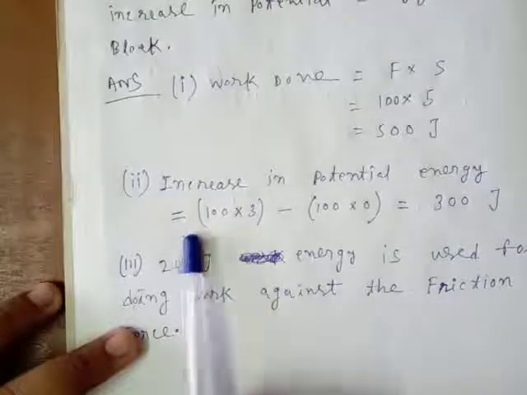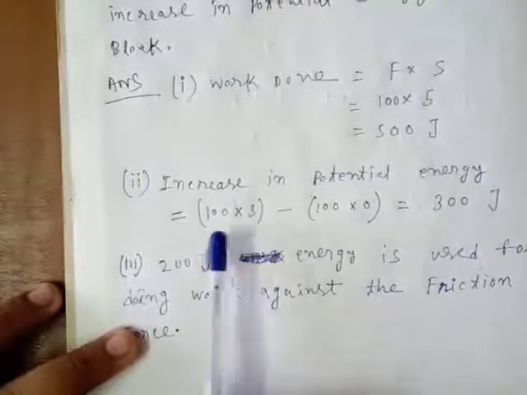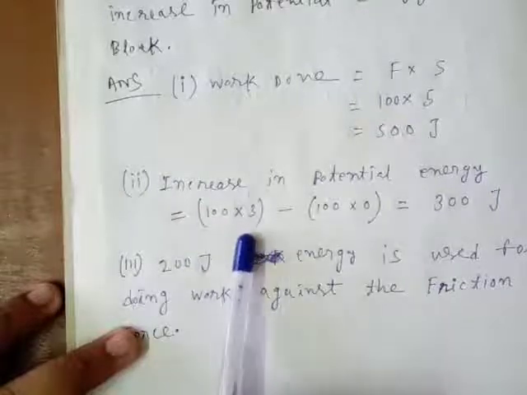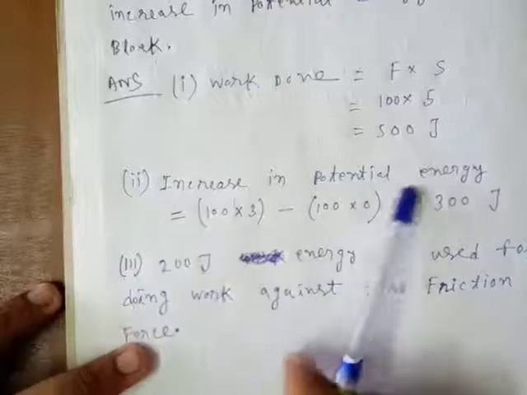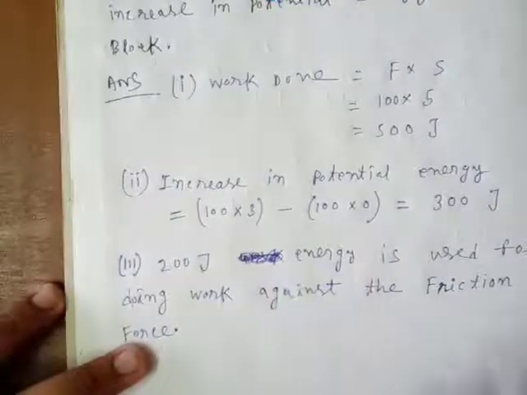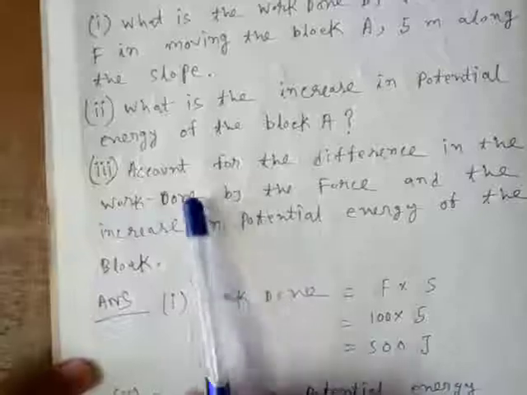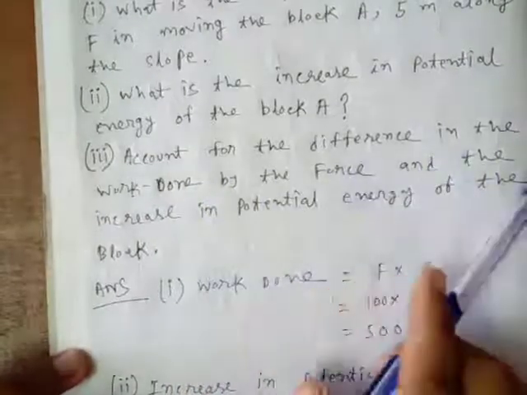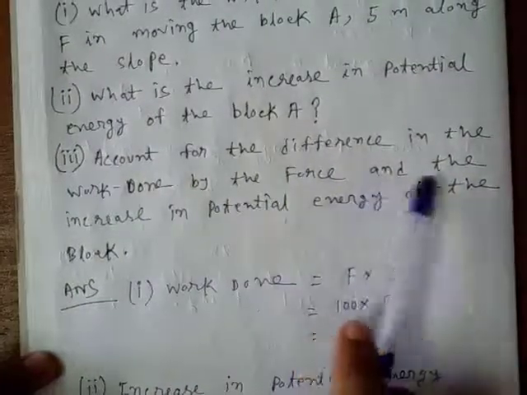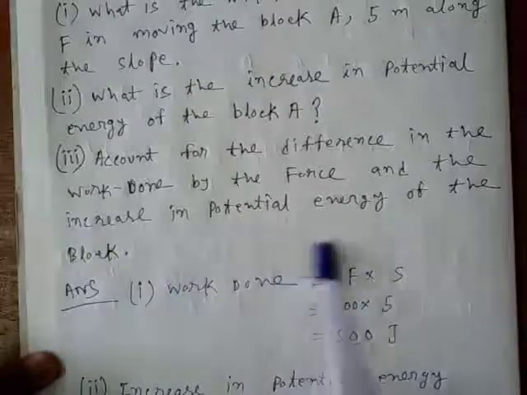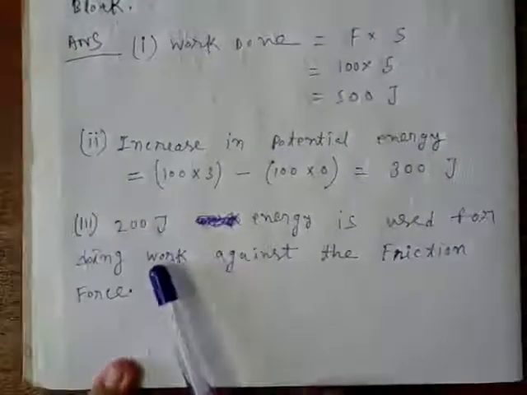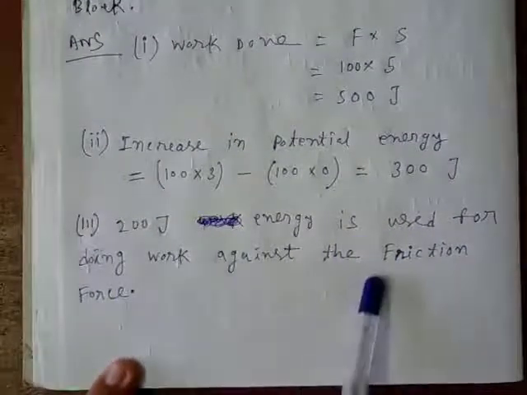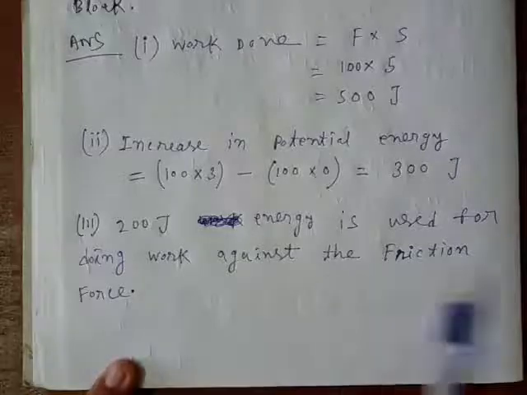So final potential energy is 300 joule minus 0, that means 300 joule is the increase in potential energy. Now the question arises here, account for the difference in work done by the force and the increase in potential energy of the block. Okay, so the 200 joule energy is used for doing the work against the frictional force.